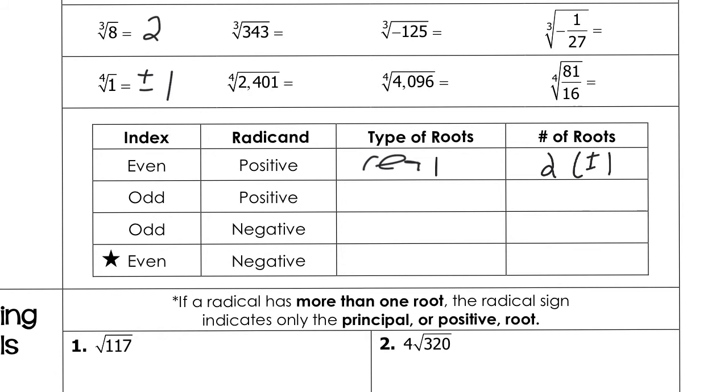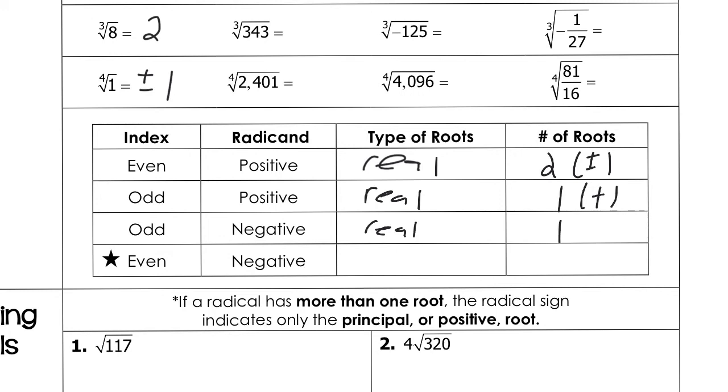If your index is odd, so if it's like 3, 9, 13, right, and the radicand is positive, you'll have real roots, but you only have one of them, and it'll be positive, okay? If your index is odd and your radicand is negative, you will have real roots, okay?